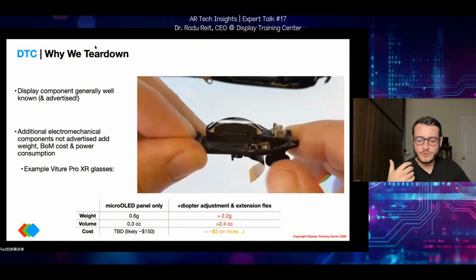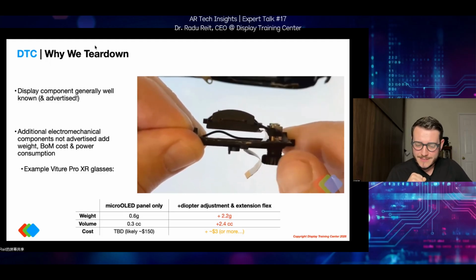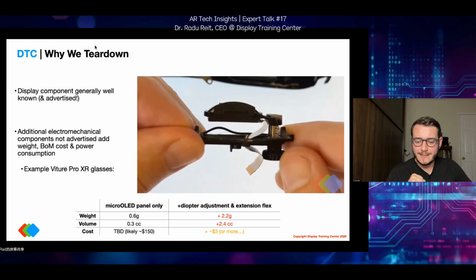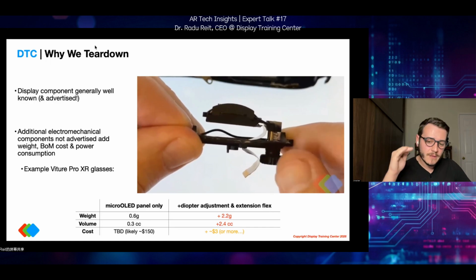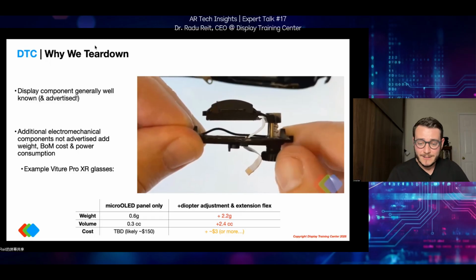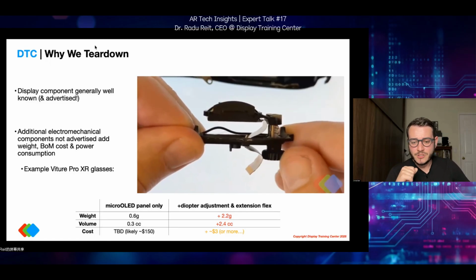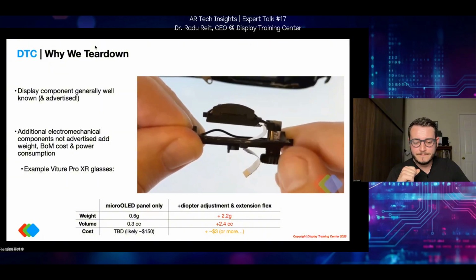But because of all of the extra magnesium alloy casting elements that we have, the linear screw elements that were added, the extra flex to extend the connection from the OLED panel to the main logic board, we've added almost 4 times that amount of weight per eye to actually get this type of mechanism in place.